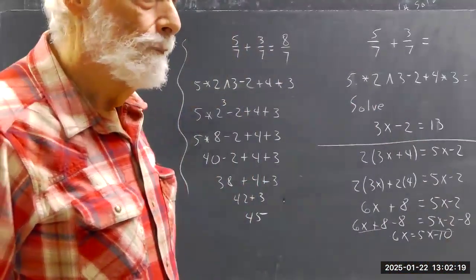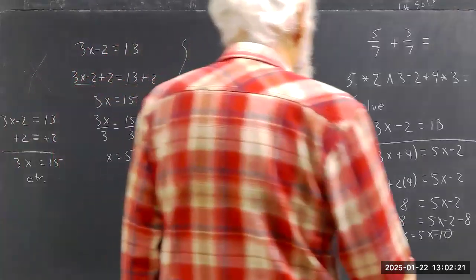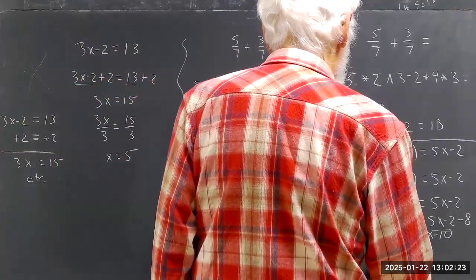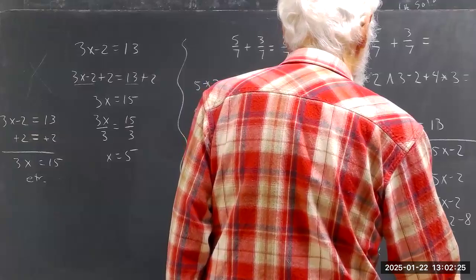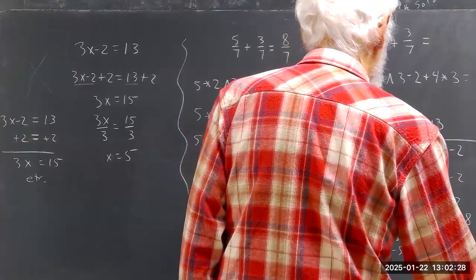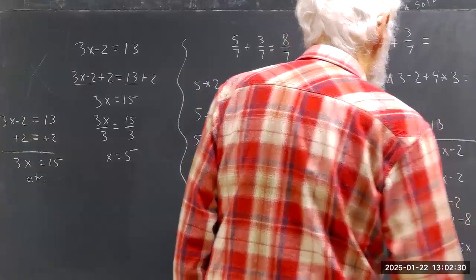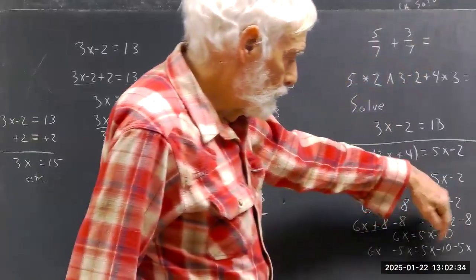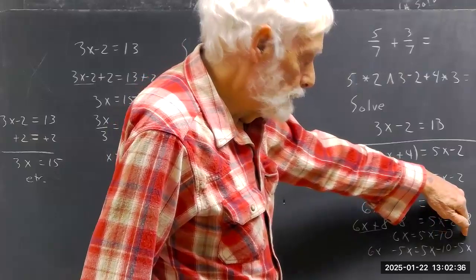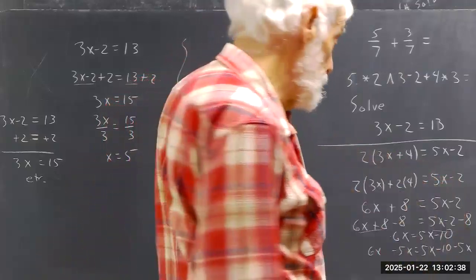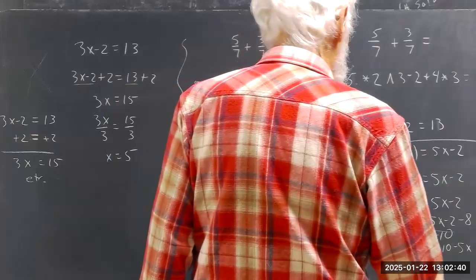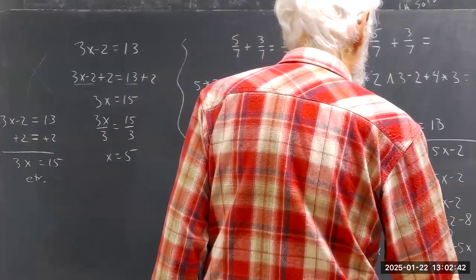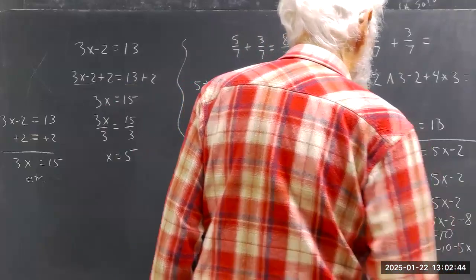Then I subtract 5x from both sides. You can do these terms in any order. So we do the 5x minus 5x first, which gives you 0. You end up with negative 10. 6x minus 5x is just x, and you get x equals negative 10.